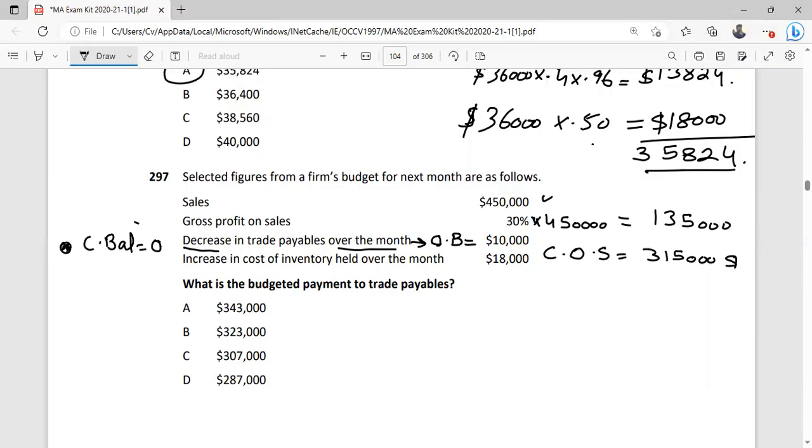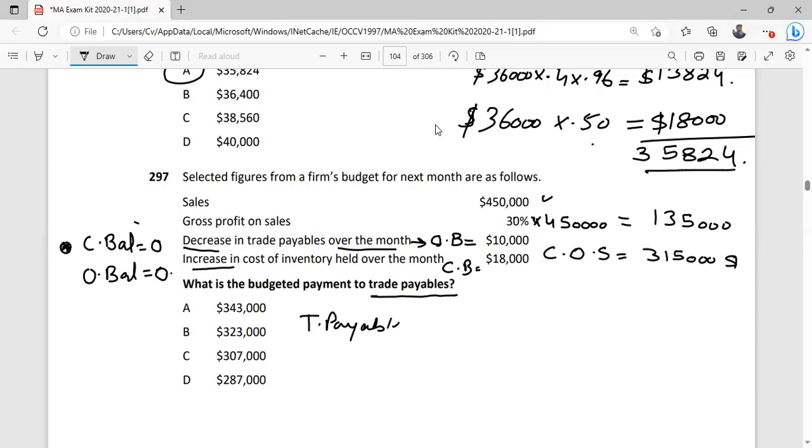Increase in inventory held over the month. So now closing balance is 18,000 and opening balance of the inventory was 0. So whatever balance is not provided in the question, that will be considered as credited payables. Now what is credited payables?